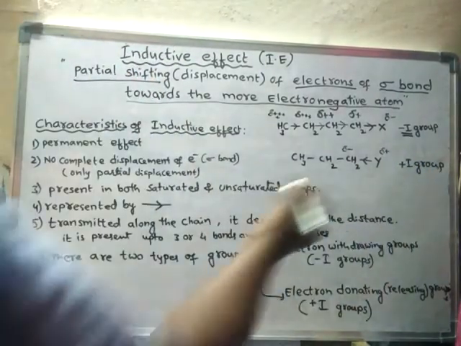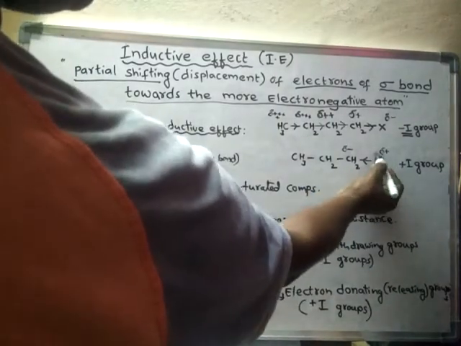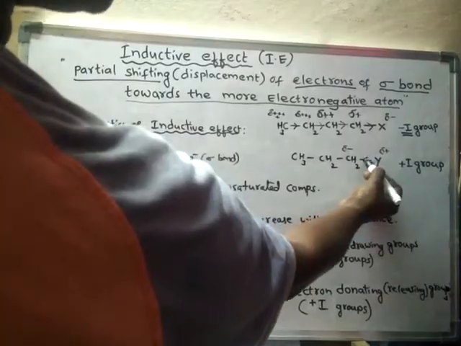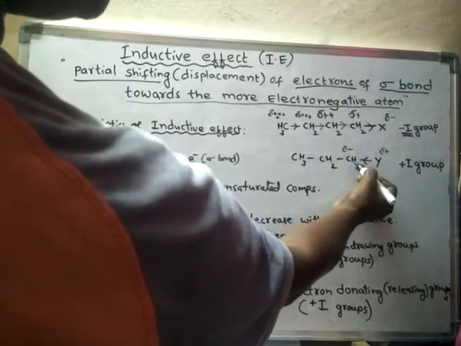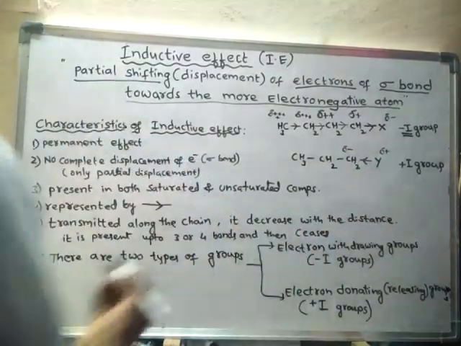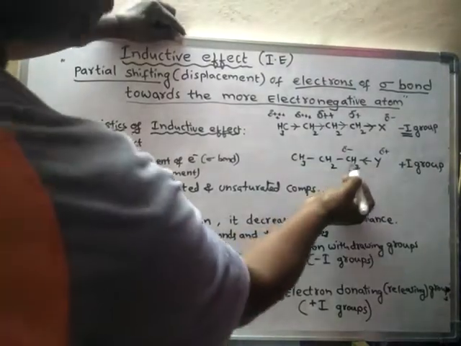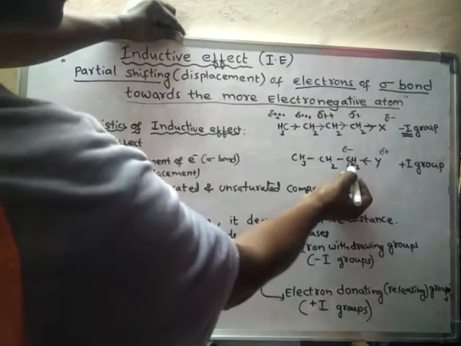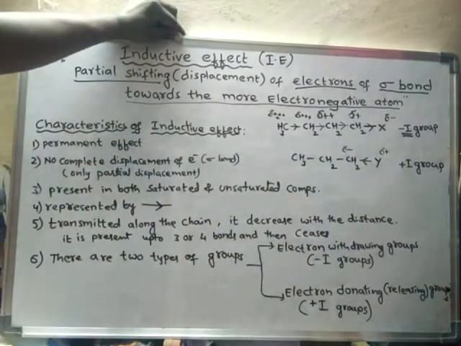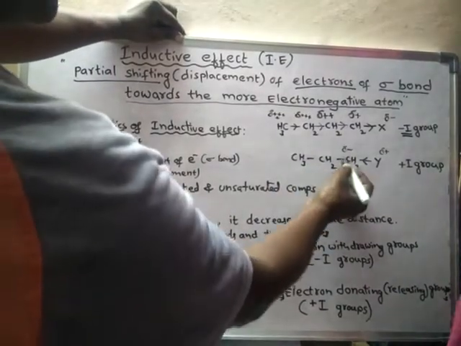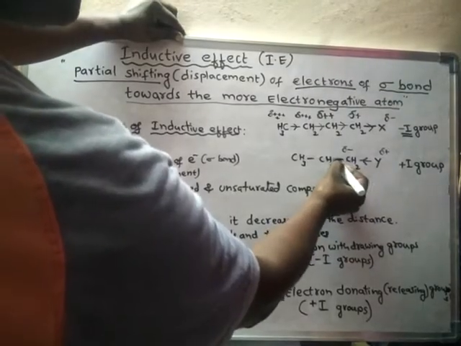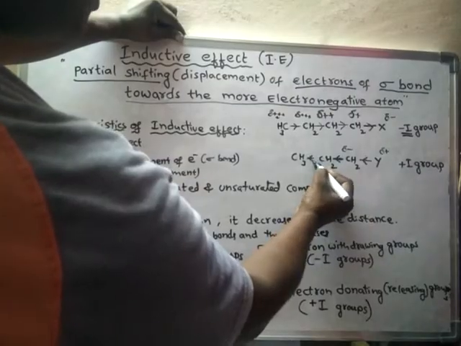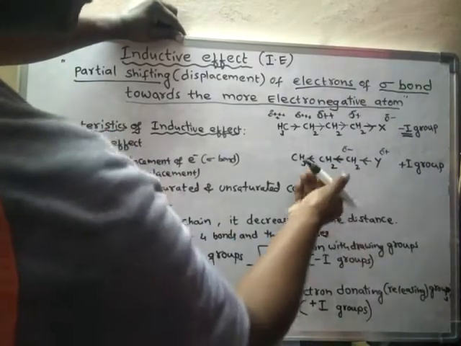Okay, plus I group. Wherever the plus I group is present, that plus I group will release the electrons through the sigma bond into its next atom. So as a result, this one will acquire a partial positive charge, and this carbon will acquire a partial negative charge. Now this effect is transmitted along the chain.